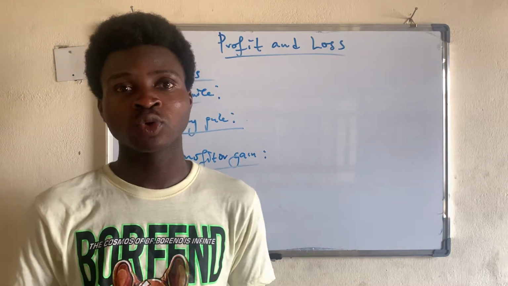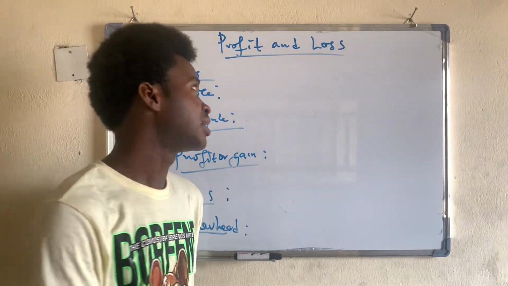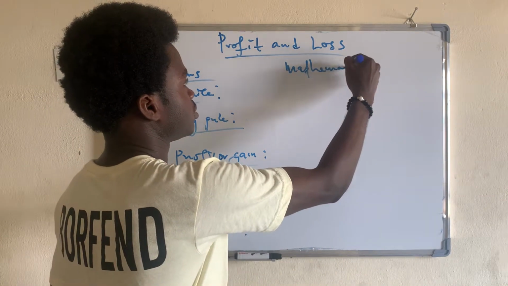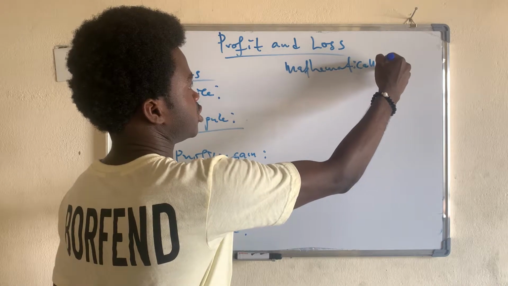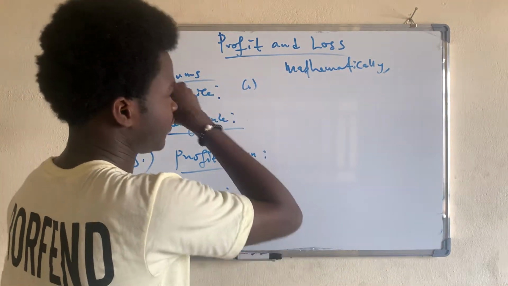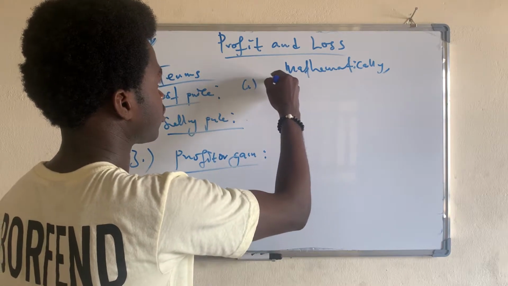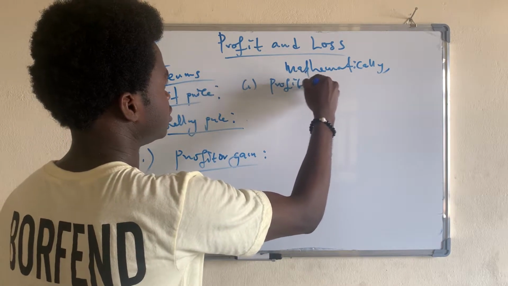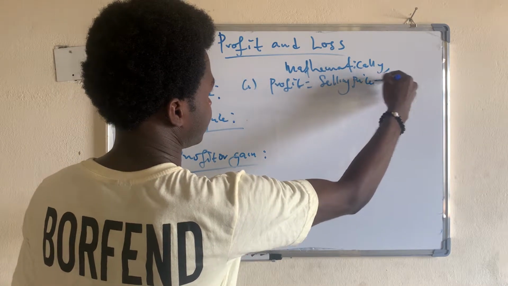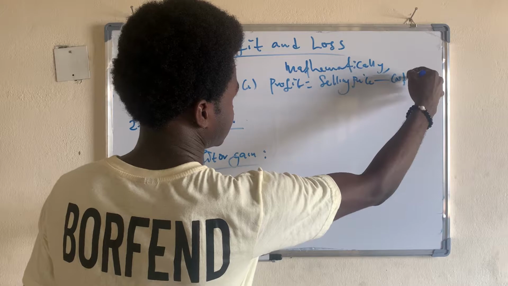So quickly we go to the mathematical expressions. Mathematically, we have that profit is selling price minus cost price.